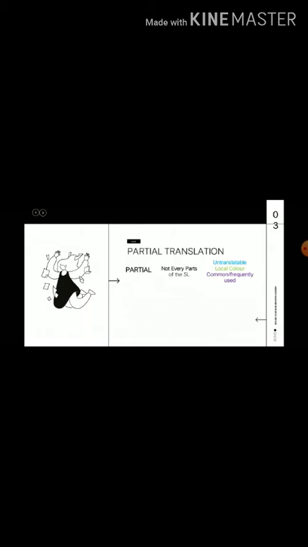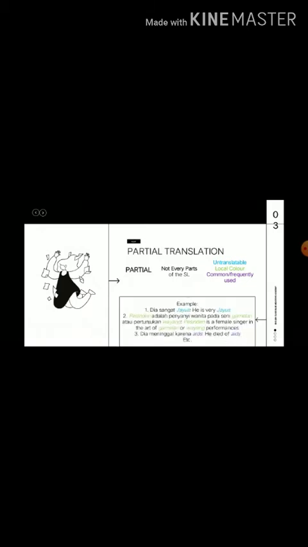But we have to be careful, because sometimes a word looks like local color, but actually there is an exact match for that word in another language, such as the word dukun or jampi-jampi.